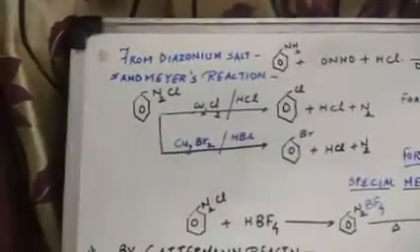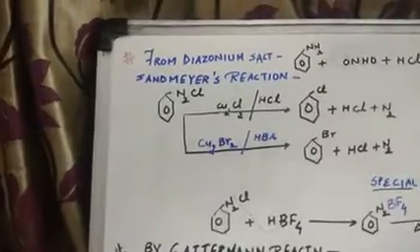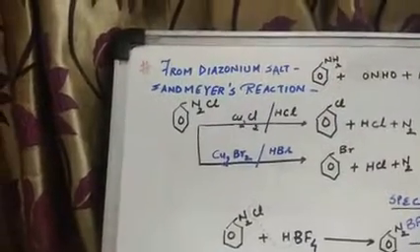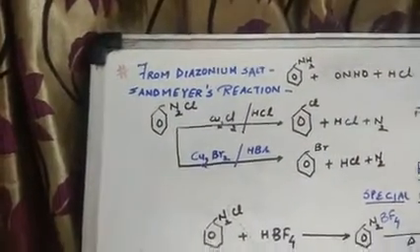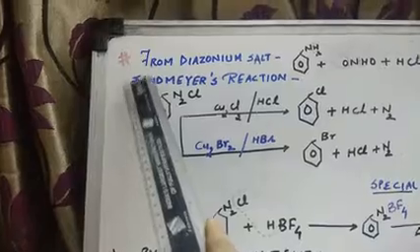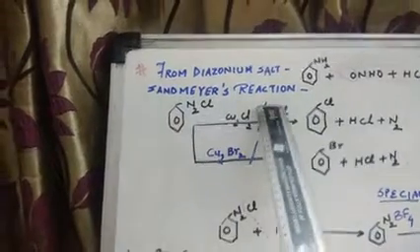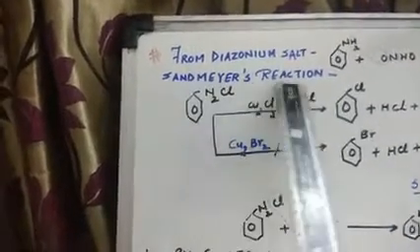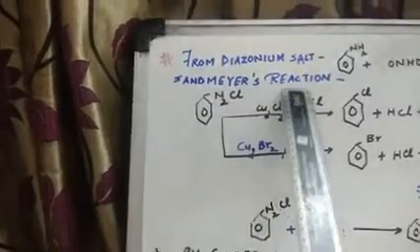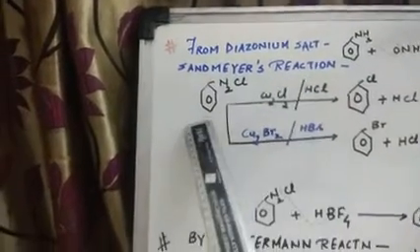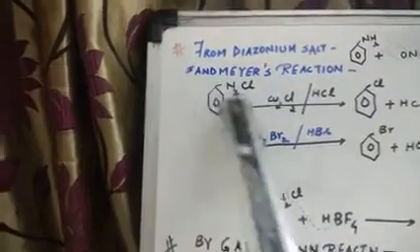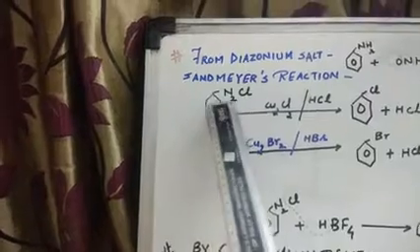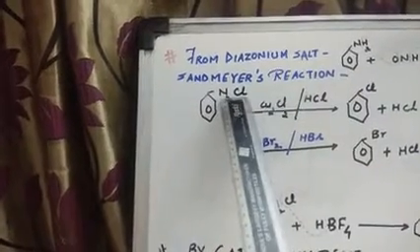So haloarenes, if we are preparing by using diazonium salt or benzene diazonium chloride, the reaction is called Sandmeyer's reaction. Students, very important reaction. Again, I am telling you that named reactions are very important. Sandmeyer's reaction, what is it? Here I have taken this C6H5N2Cl, that is benzene diazonium chloride.